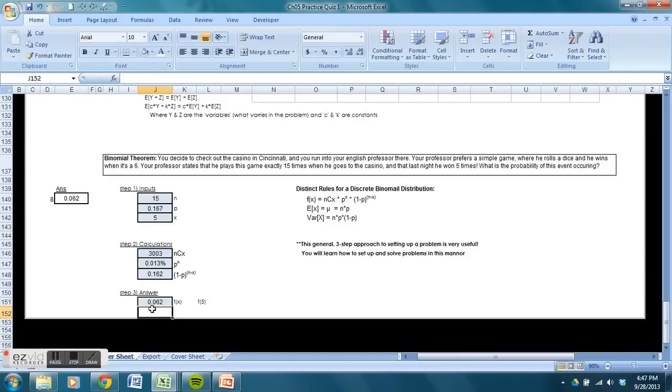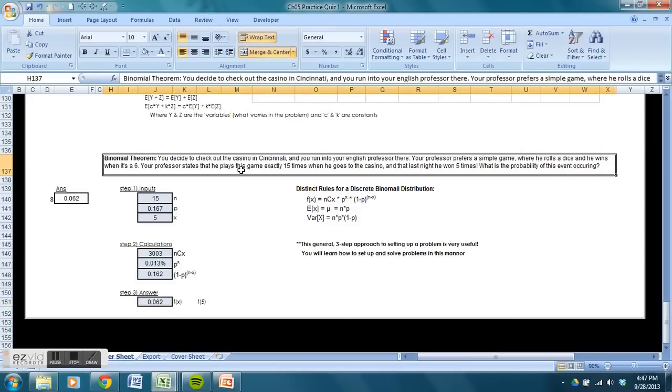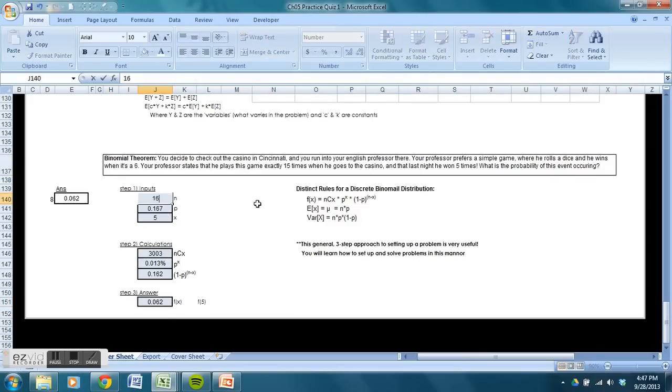Boom. There's our answer. And what's beautiful about this is now if I give you the same problem and say, oh, he does this 16 times, all you have to do is change that to a 16. Now you have the right answer. Or if I say, instead of rolling a dice, he's flipping a coin, then all you have to do is change the probability of success to that of flipping a coin, which is 50%.